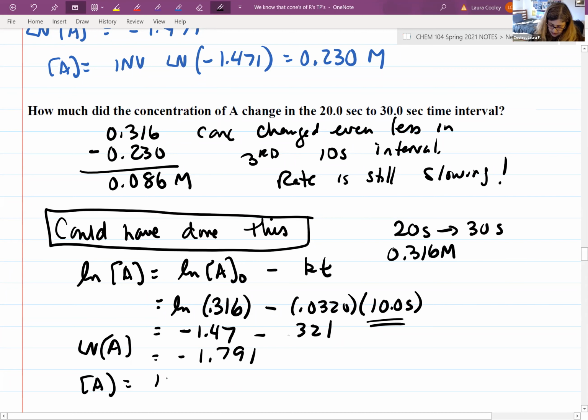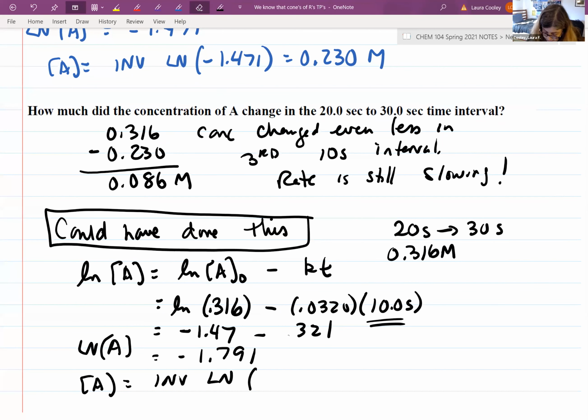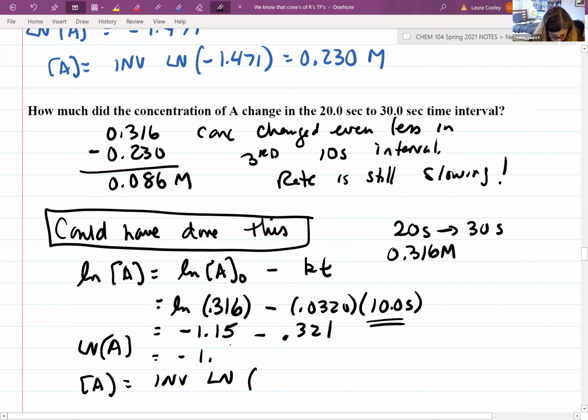So A is the inverse ln of that. I got that wrong earlier, sorry, and my notes were not too good here.